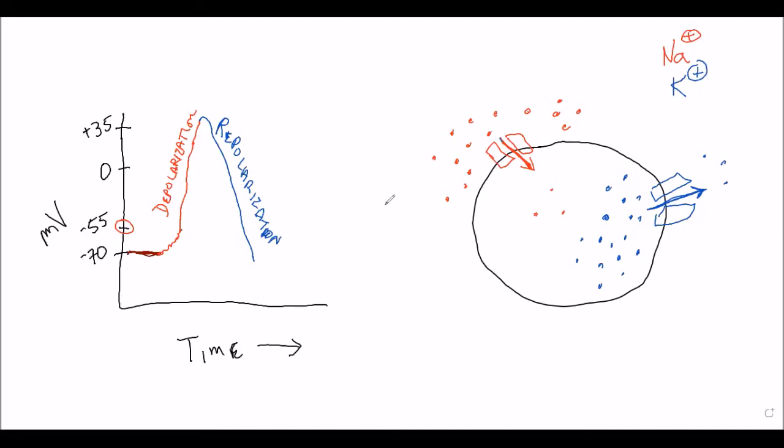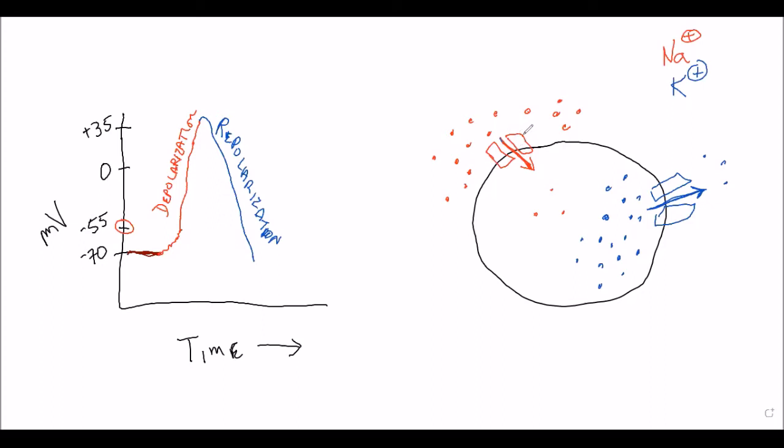Okay, now what's going to happen here is that I talked about when it reached -55, the sodium channels are going to open very fast. When it reaches +35, the sodium channel gates close very fast.